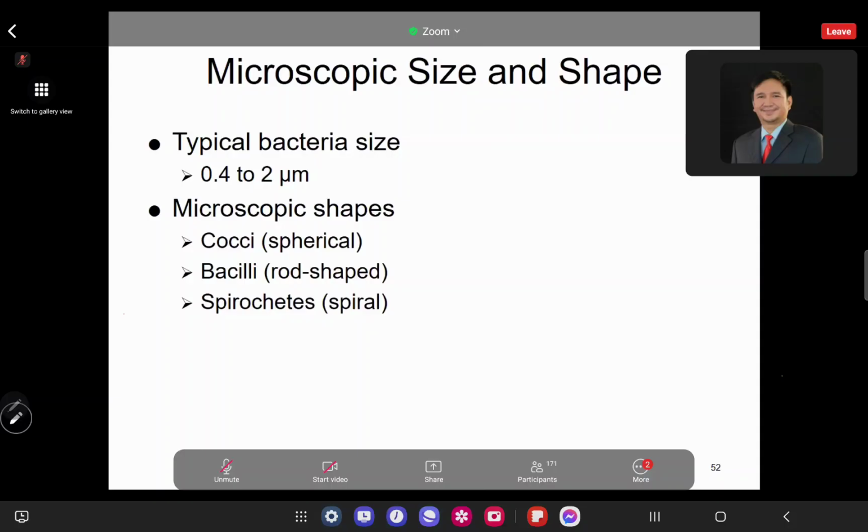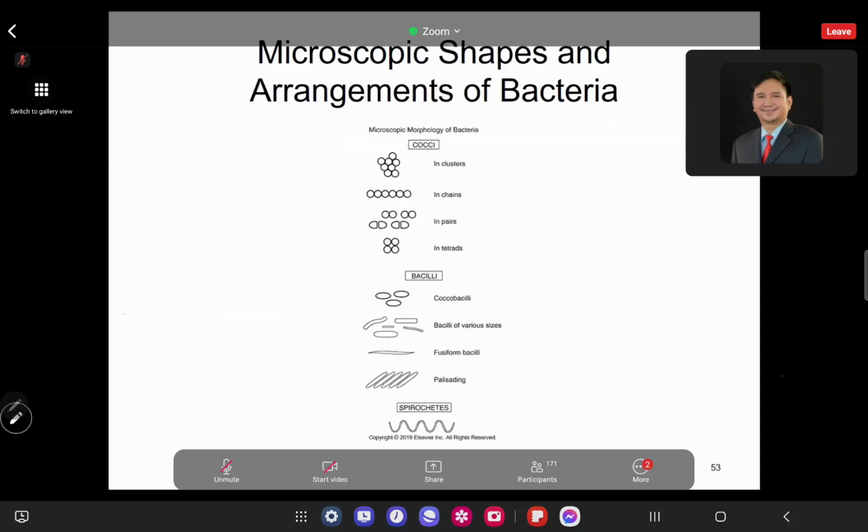The typical bacterial size is 0.4 to 2 micrometers, so we need a microscope. I've already described a coccus, a bacillus, as well as a spirochete. I'm showing you now the different shapes as well as the arrangement.